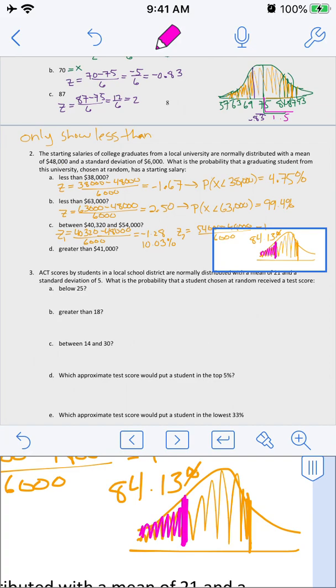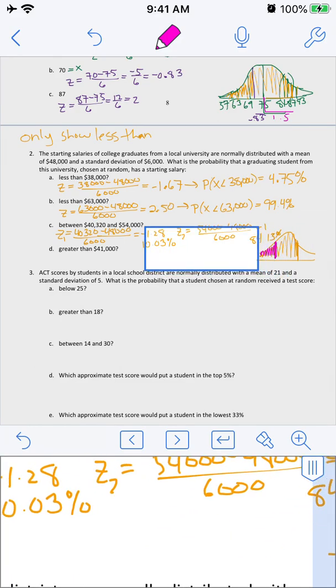That would be the just yellow colored zone, right? The z-score is always working less than, so that 10.03 is all the pink. It's the less than that mark. Those are the people I don't want. They're not between, they're outside. They're less than 40,000. So I'm going to take out that 10%.